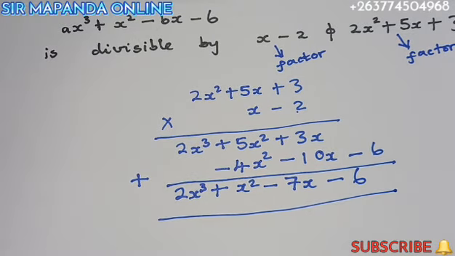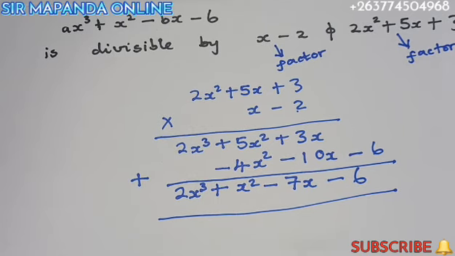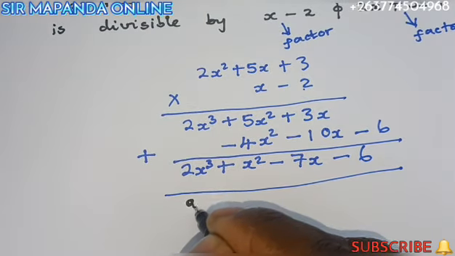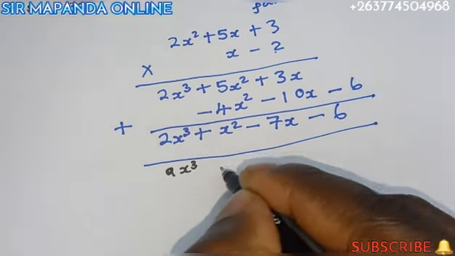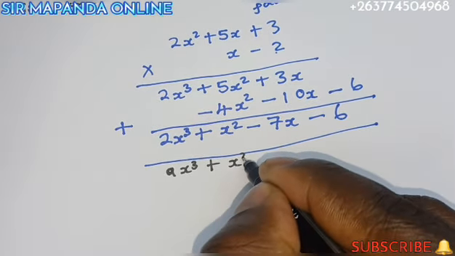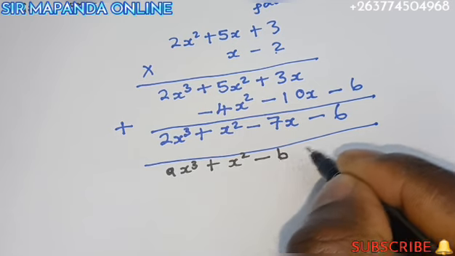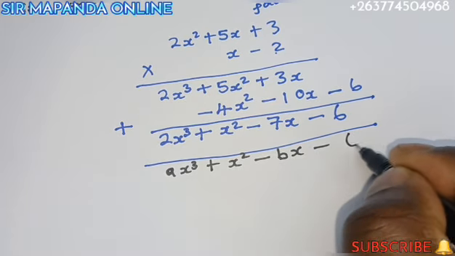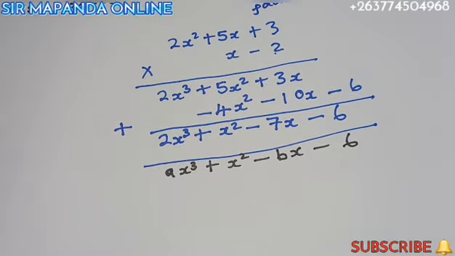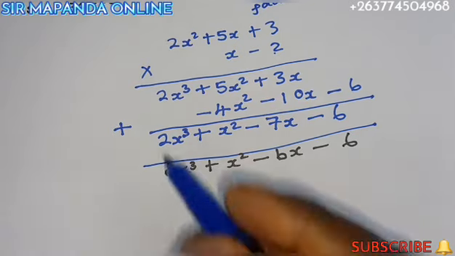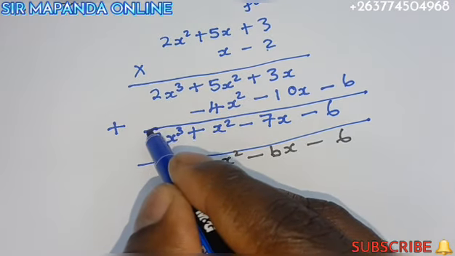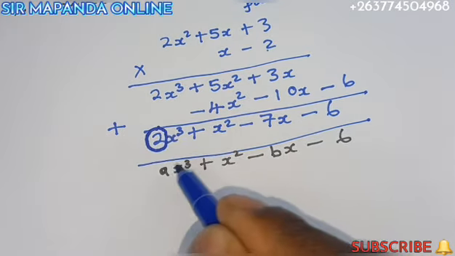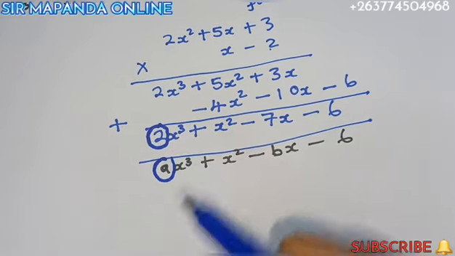So you can clearly notice that since the expression given is ax cubed plus x squared minus bx minus 6, equating the coefficients of x cubed, you can notice that the coefficient of x cubed in the expanded expression is 2, and we have a here.